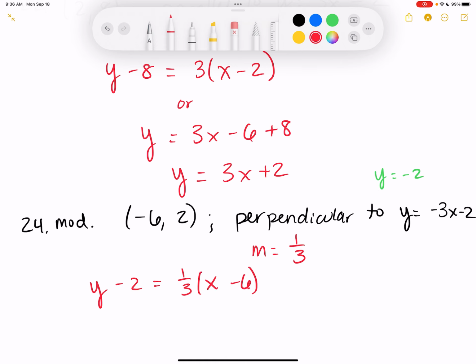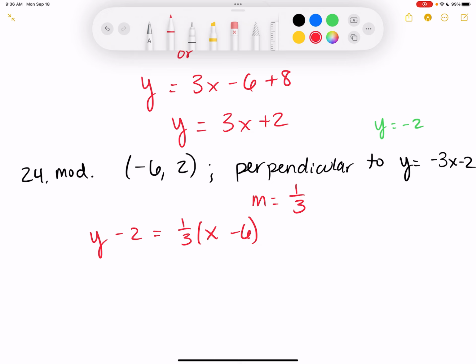You can leave it there or multiply it through. y equals 1/3 x minus 2 plus 2. So y equals 1/3 x. Is that right?